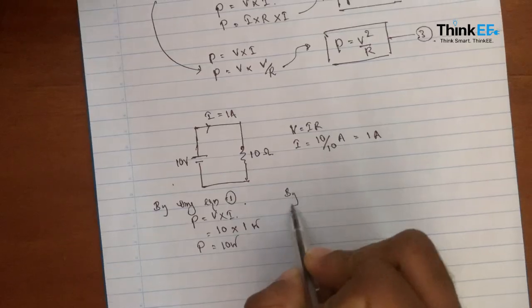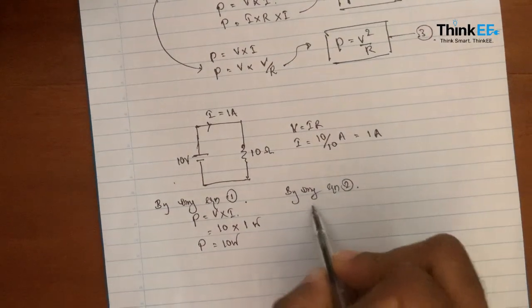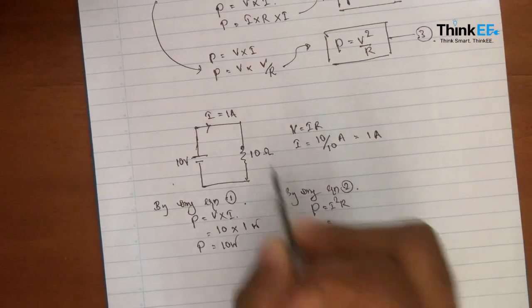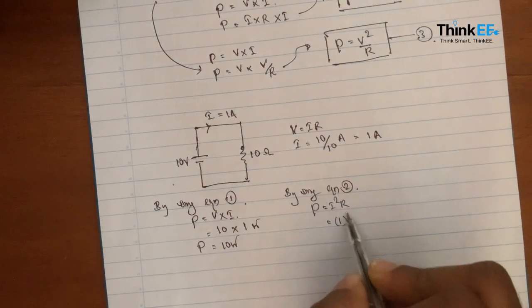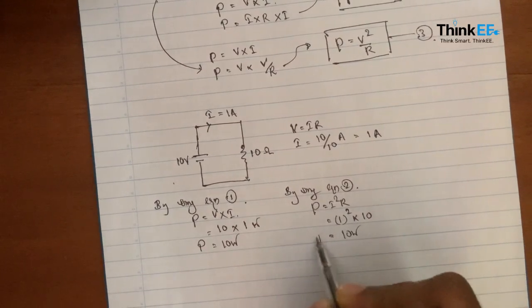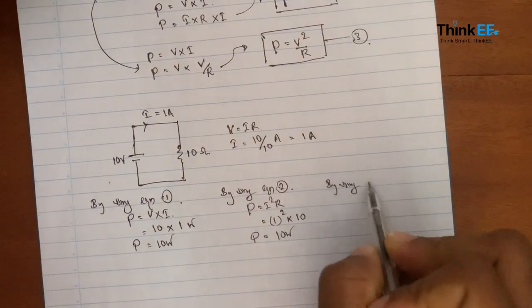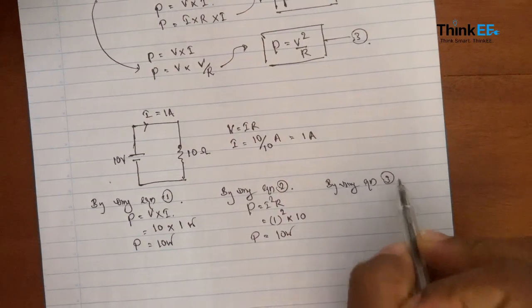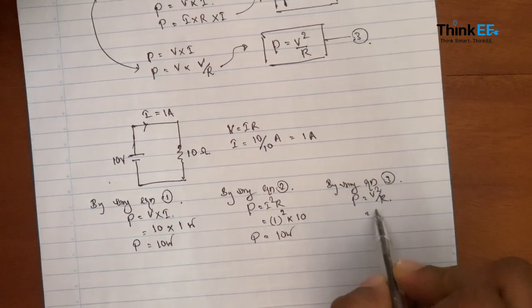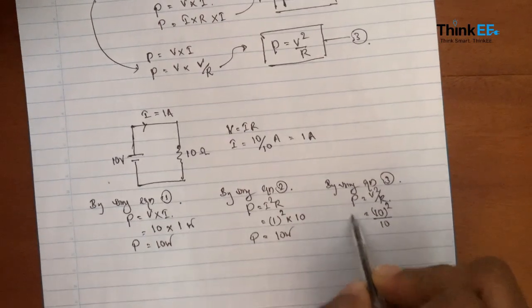By using equation 2, P equal I squared R. We know I, that is 1 squared to 10. Again we are getting 10 volt. And by using equation 3, P equal V squared over R. We know V 10 and divided by 10.